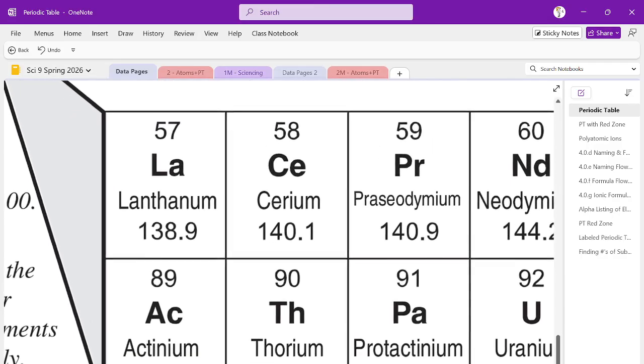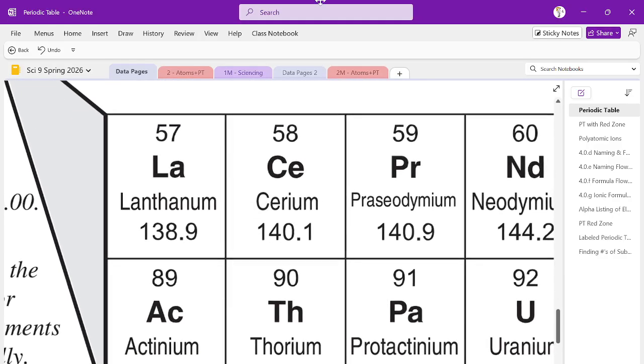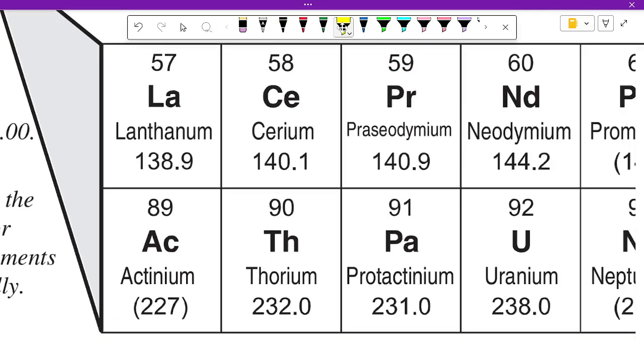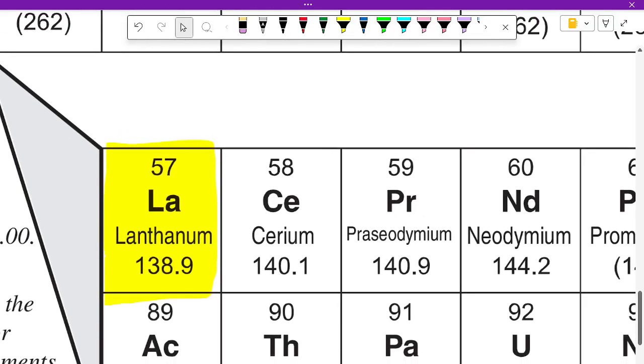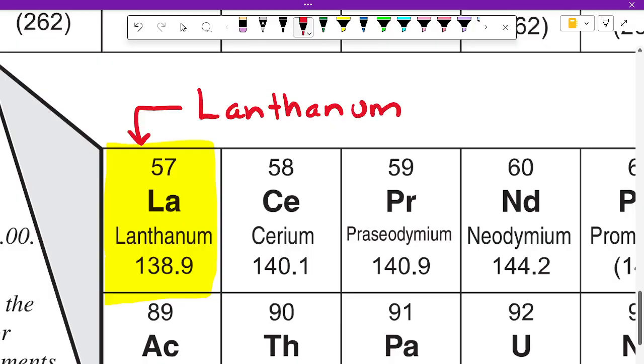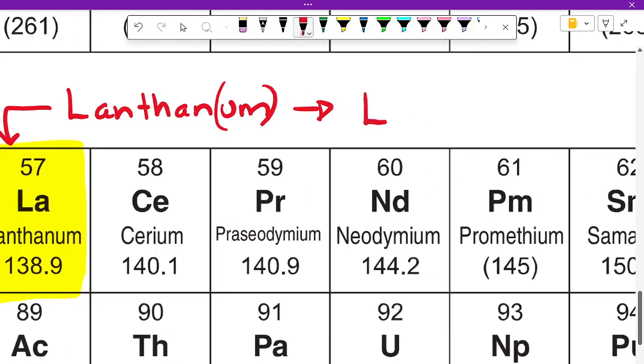So if we go way down here and we look at element number 57, okay, down at the bottom, its name is lanthanum, and if we just take off the ending, this whole row of metals are called the lanthanides. So if we take off the ending, those are called the lanthanides.